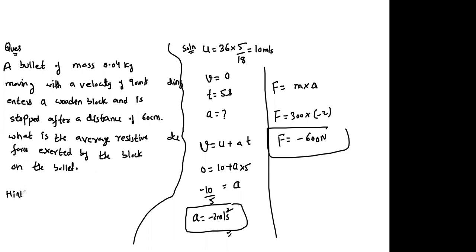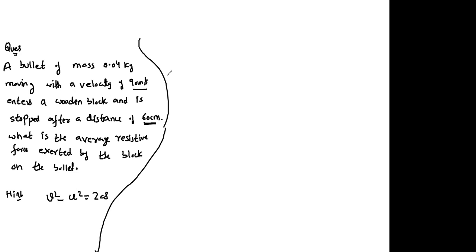Hint for this numerical is you can use this expression v square minus u square is 2as. And Sanya, this time take care of units. Sir, we will take 0. This is initial. Yes, if it stops, then final velocity is 0. V you will take 0.